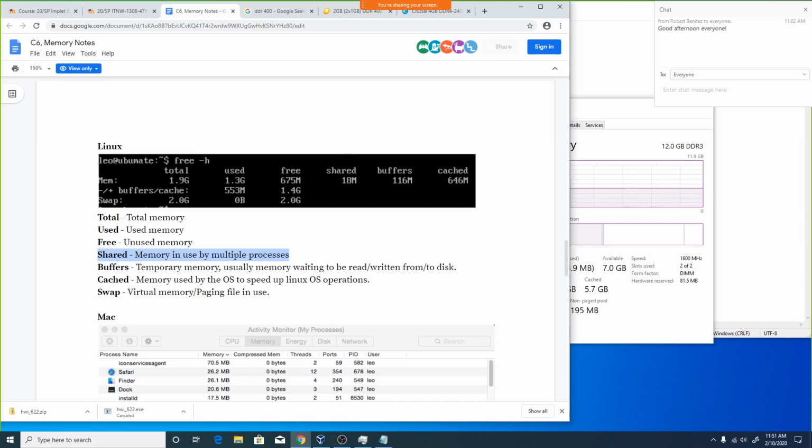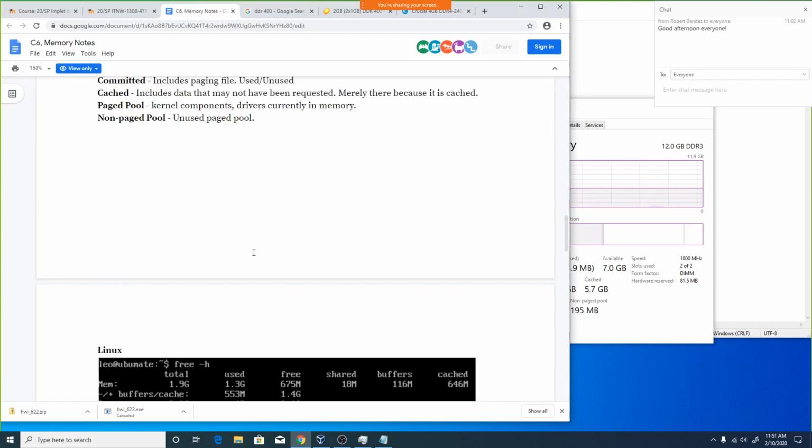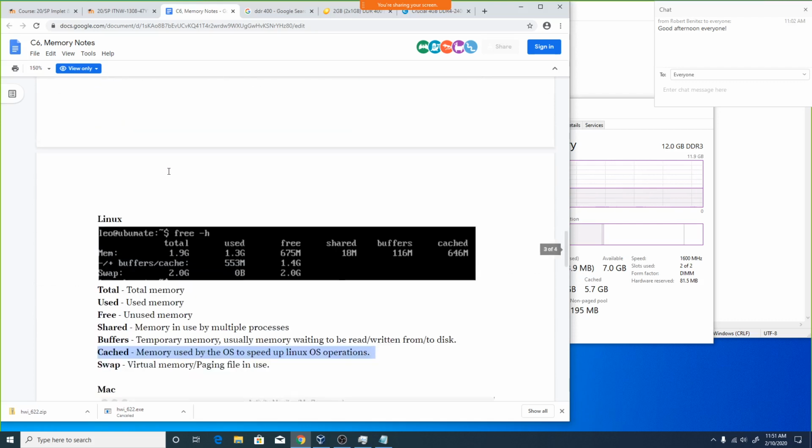So know that this is code that is shared between more than one application. So 18 megs is actually being really efficient because more than one app is using it. Buffers and cached. Buffer is basically what's getting ready to be moved to or from RAM. And cached is the same idea as in Windows, right?